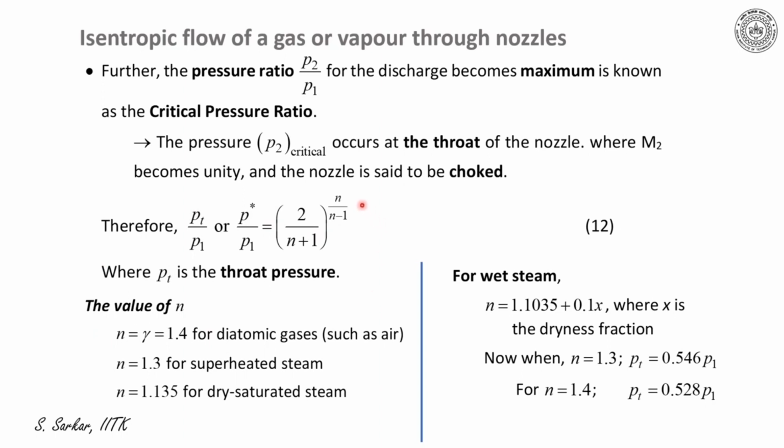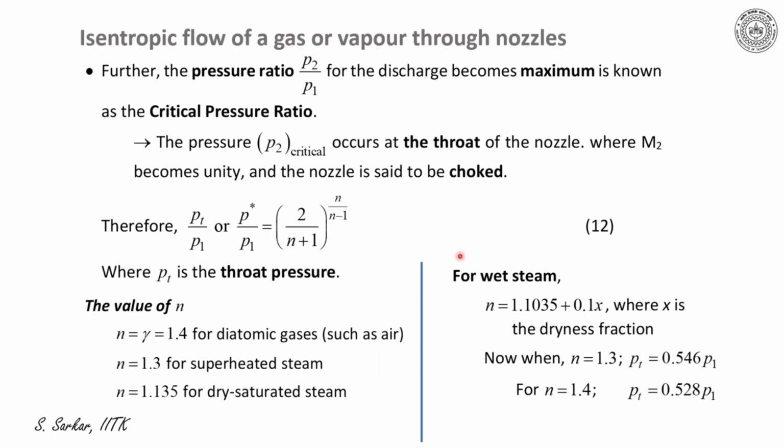Now, the value of n can be given for different situations. n is equal to gamma is equal to 1.4 for diatomic gases such as air. n is equal to 1.3 for superheated steam. n is equal to 1.135 for dry saturated steam.